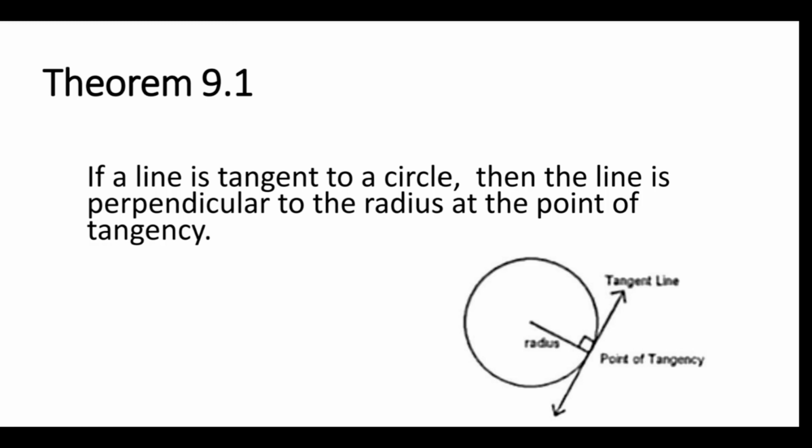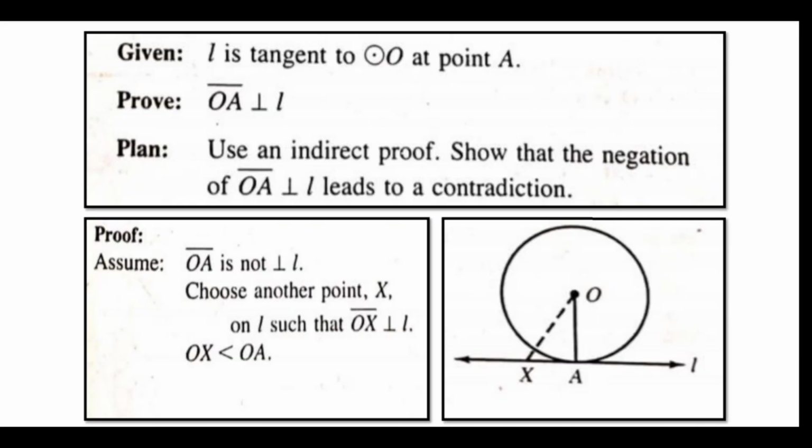So we can see here in the figure, we have here the radius, the tangent line creating a right angle, and the point of tangency. Given: L is tangent to circle O at point A. Prove that segment OA is perpendicular to L.